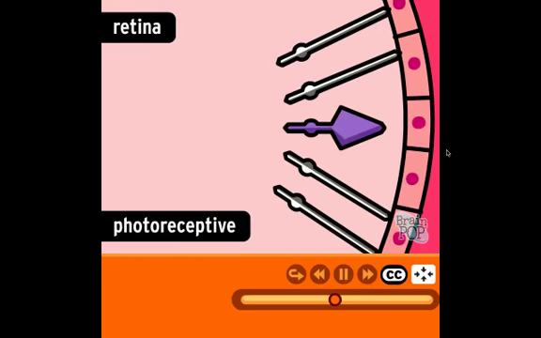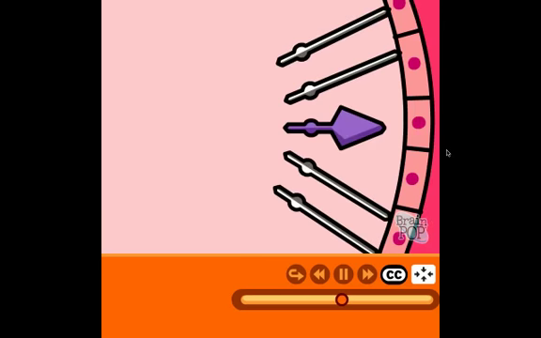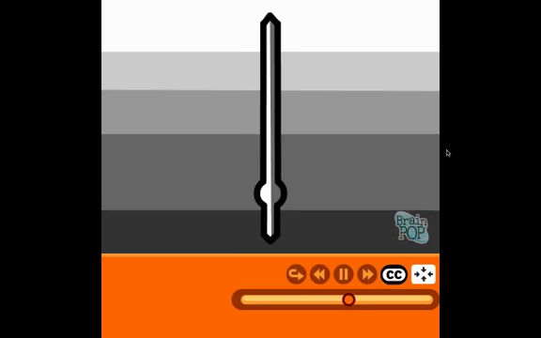It's covered in photoreceptive nerve cells. Oh, photoreceptive just means they're sensitive to light. Anyway, there are two kinds of photoreceptors on the retina. You've got about 6 or 7 million cones and more than 120 million rods. Rods are very sensitive to light. In fact, they can be triggered by a single photon.